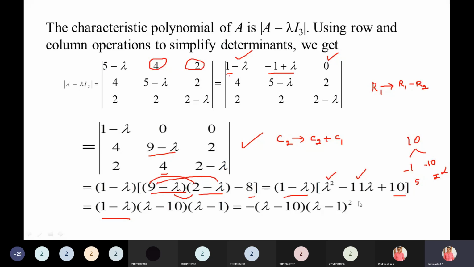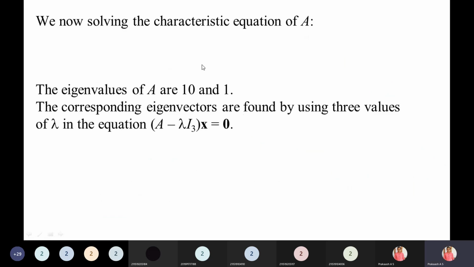If you make it equal to 0, we will get the characteristic equation of A. By solving this, we'll get lambda equal to 10 and lambda equal to 1, 1. Those are the eigenvalues.